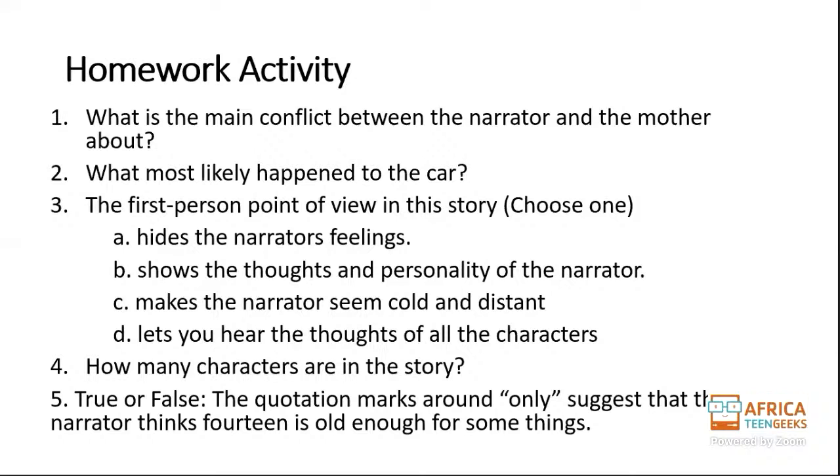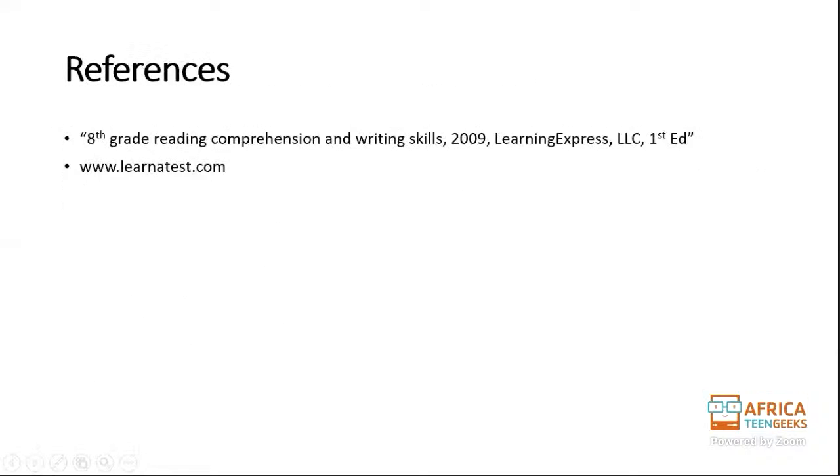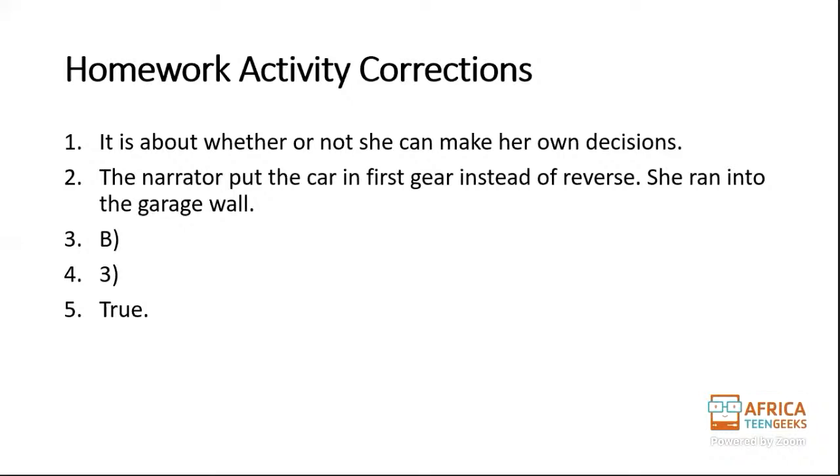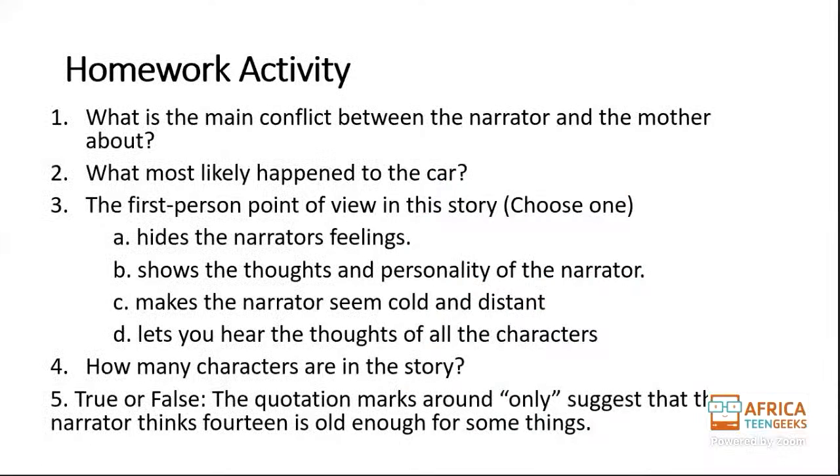Number 2, it says what most likely happened to the car. So Tanisha, I think you're the one who said that she crashed the car, which was correct. So she put the car into first gear instead of reverse and crashed the car into the garage wall. Okay. So I'm giving you a star for that.